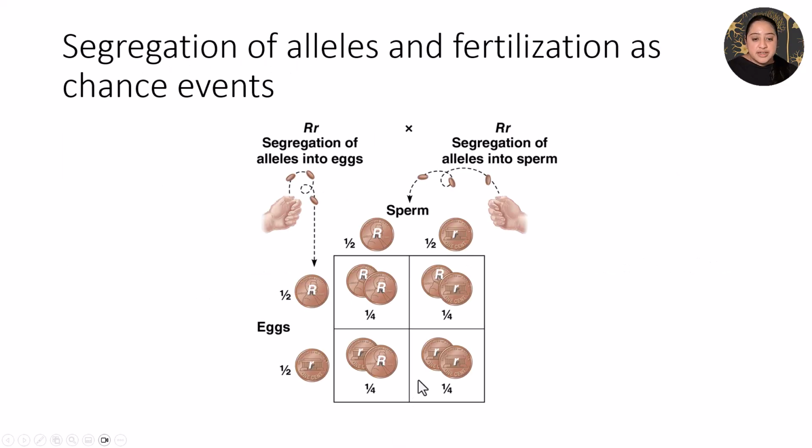So if we go back, okay, what are the chances that these offspring can be heterozygous? There's going to be a copy of a dominant and a copy of recessive. There's actually two possibilities that come out that way. So this one or this one.